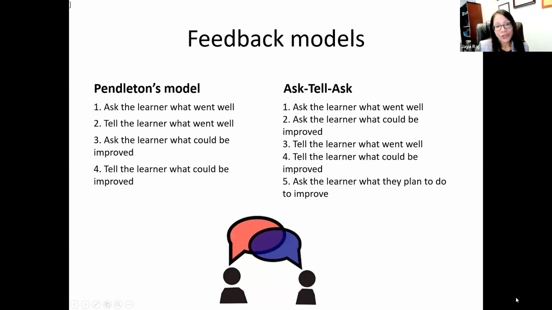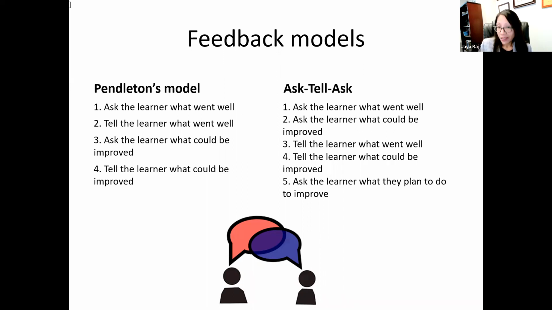So I wanted to offer you some alternative models that are in the education literature. One of them is the Pendleton model, and some of you may be familiar with that already, or maybe you already use it. But what that is, it's pretty simple. It starts with asking the learner what they think went well, or what they think they did well.